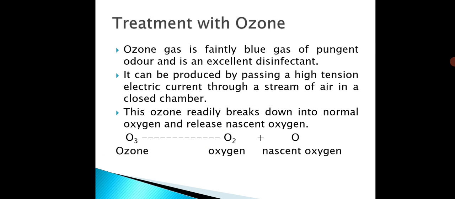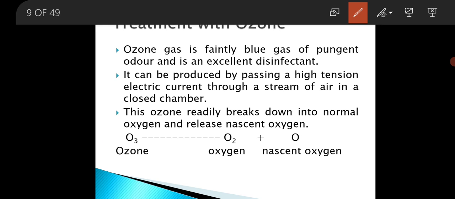Third one is treatment with ozone. Ozone gas is a faintly blue gas of pungent odor and it is an excellent disinfectant. And this can be produced by passing high tension electric current through a stream of air in a closed chamber.